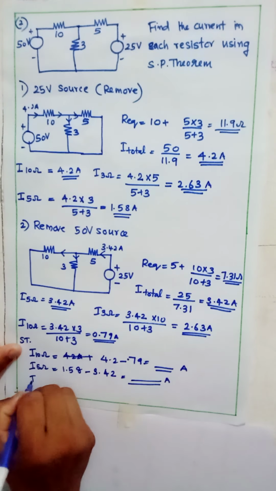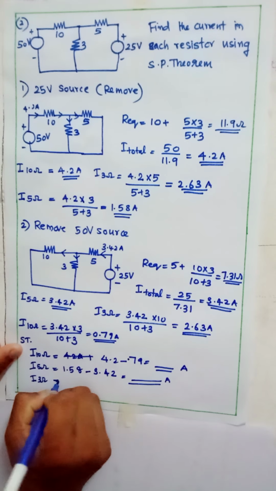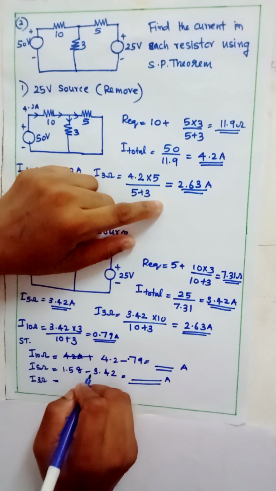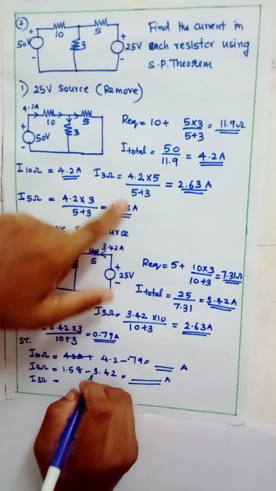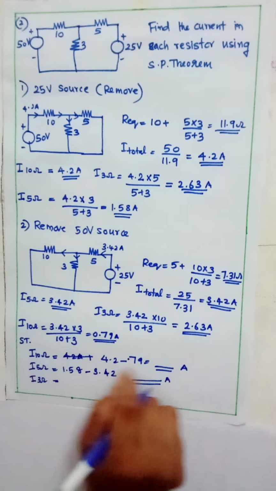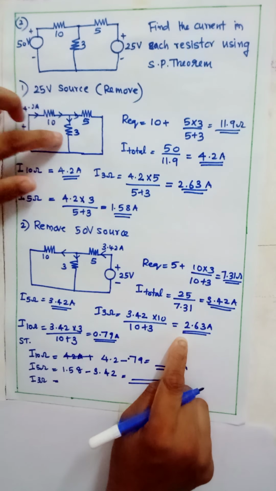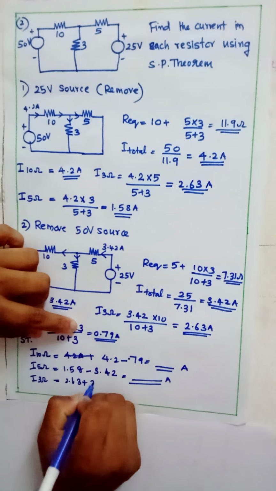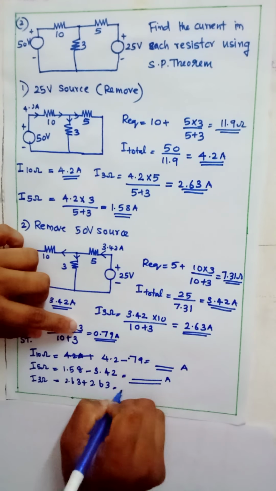And current through 3 ohm resistor is, first case 2.63 and in the second case it is again 2.63, and in 3 ohm resistor current direction is same, that is 2.63 plus 2.63.